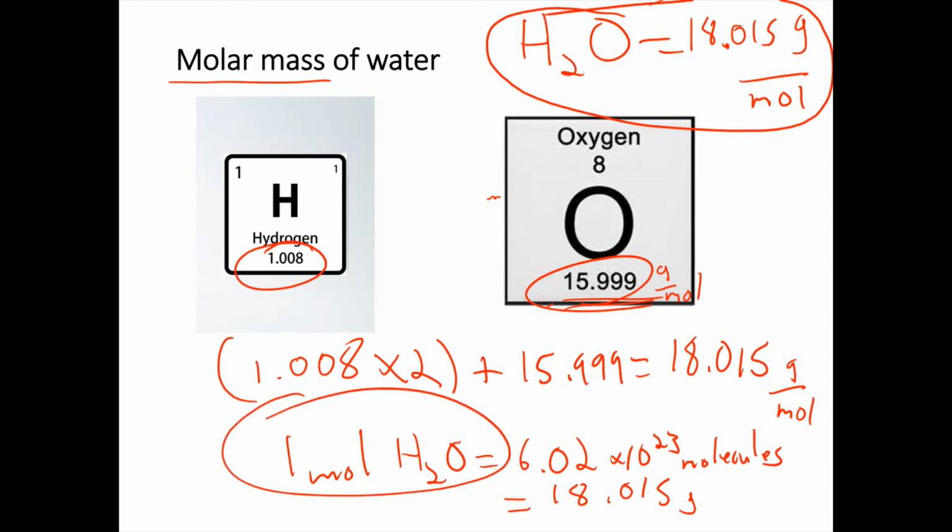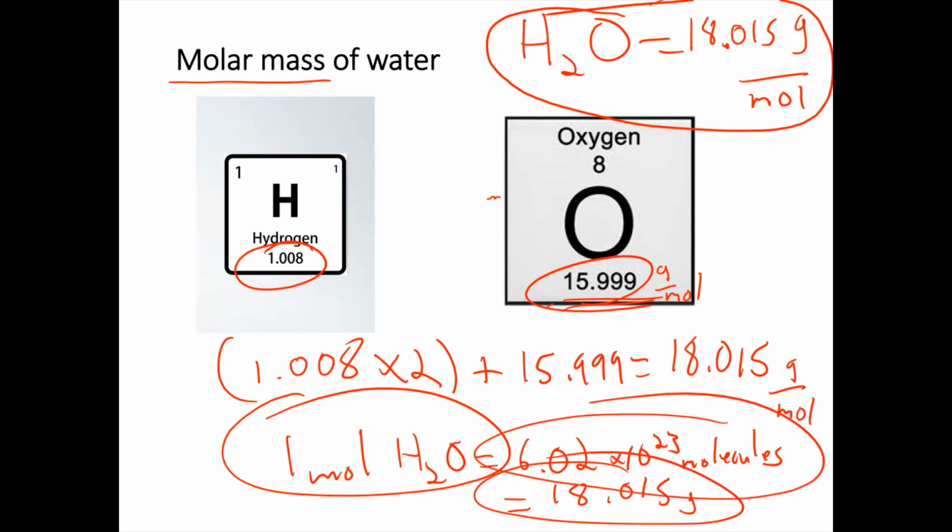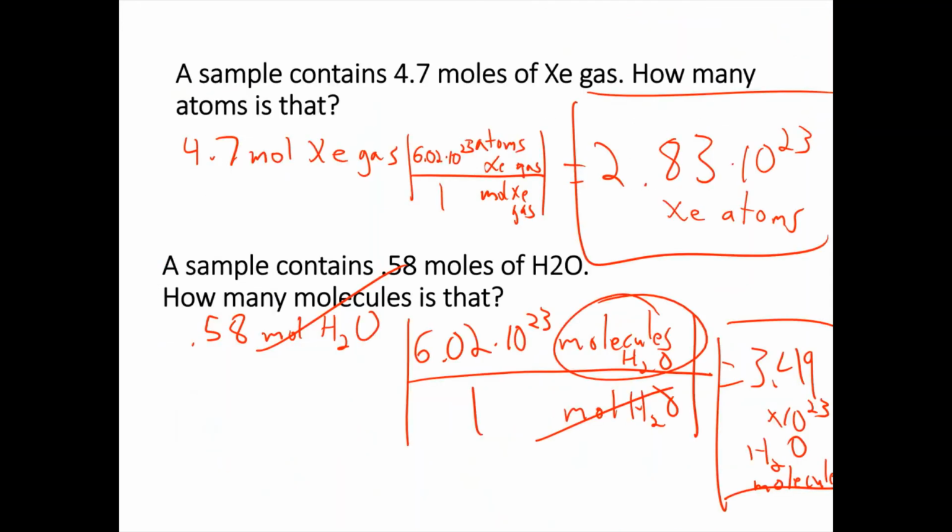And I know that 1 mole of water is this many grams, and that's also this number of molecules. We also learned today about going from moles to atoms, and how big a number a mole is, and that is our lesson for the mole.